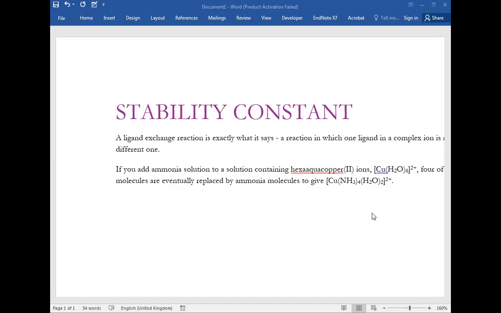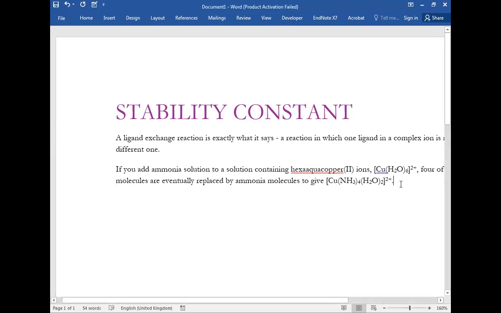Yes, Isha, you were saying something. Well, I was saying that the ammonia would replace 4 of the water molecules. But will all of that happen at once, or will it happen step by step? Step by step. Bilkul, that happens step by step.